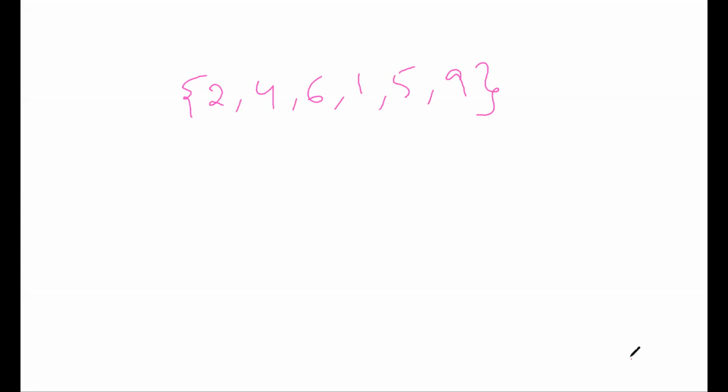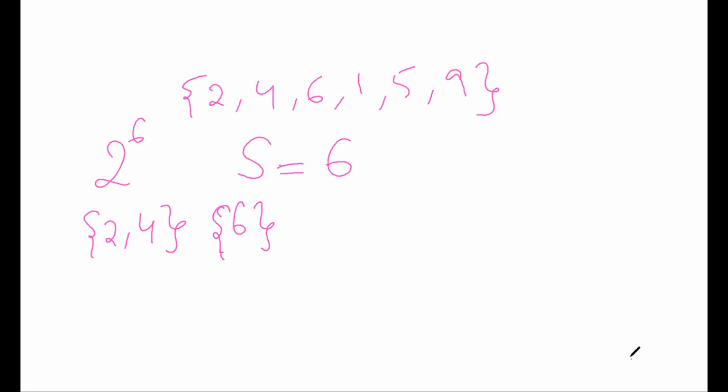We want to find out how many subsets are possible here. 2 to the power 6, right? How many of these 2 to the power 6 subsets sum up to 6? By just looking at it, 6 itself is one subset. You have 1 and 5, and that's it. I don't think any other combination is going to give you 6. So these are the three answers.